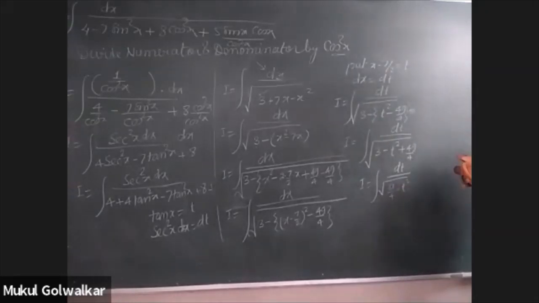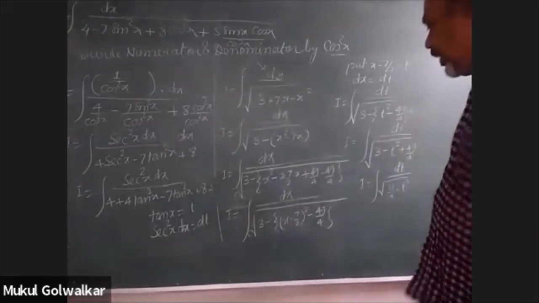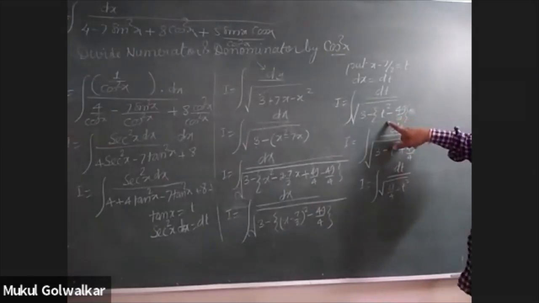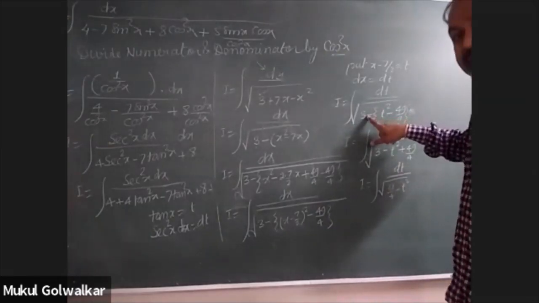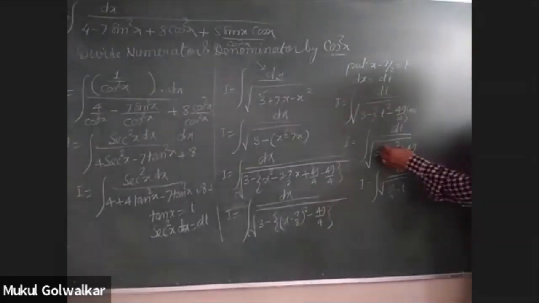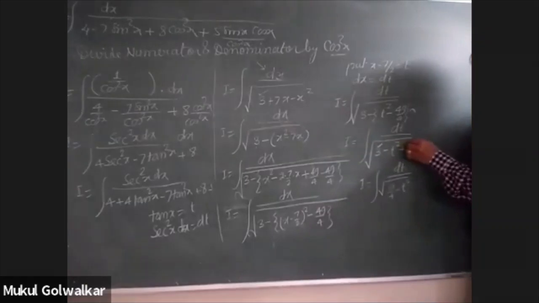Correct? What I wanted to show you is that when we multiply this minus sign inside, after multiplication we will be getting two constant terms.